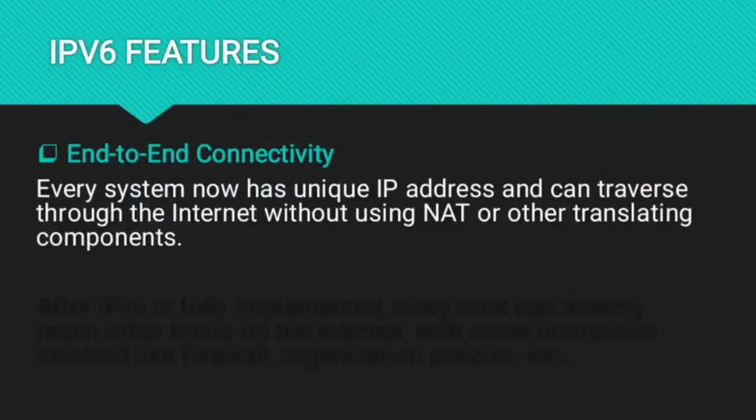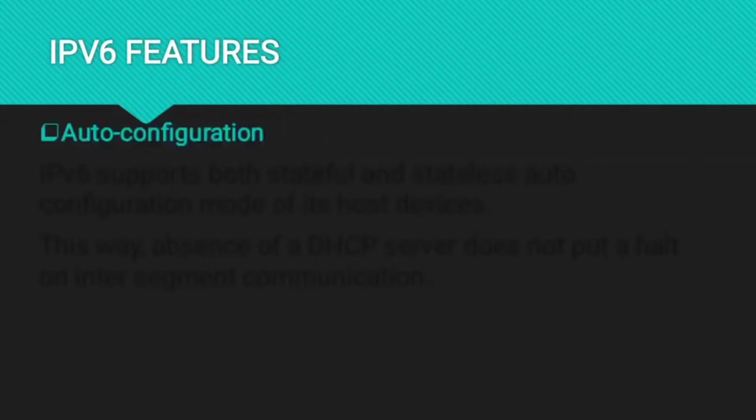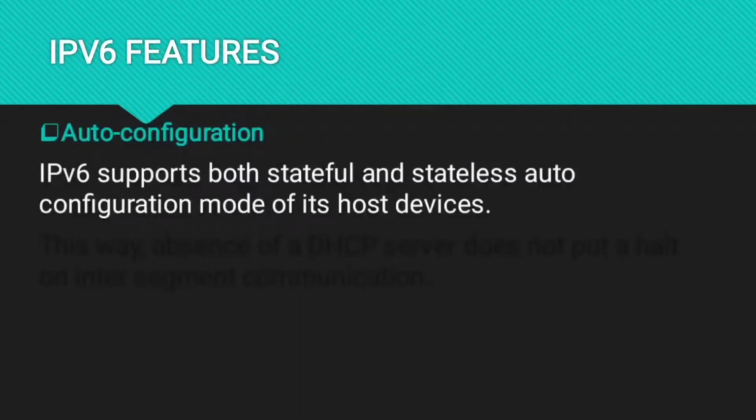End-to-end connectivity. Every system now has a unique IP address and can traverse through the internet without using NAT or other translating components. After IPv6 is fully implemented, every host can directly reach its other host on the internet, with some limitations involved like firewall, organizational policies, and etc. Auto-configuration.